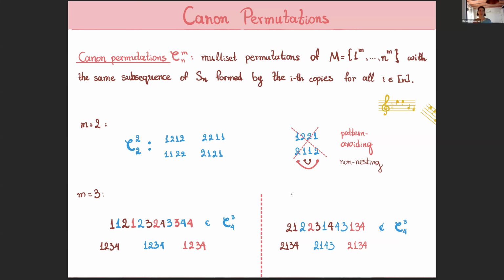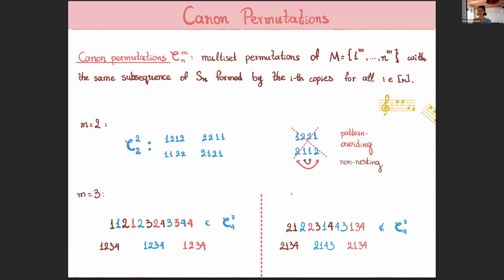And I want to consider multiset permutations such that when I look at exactly the first occurrence of each number, I get a subsequence, a permutation of S_n, that is the same as when I look at the second entries, the sequence formed by the second occurrences of entries, and the third and the fourth, and so on.